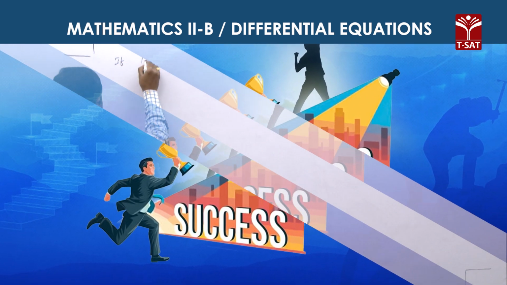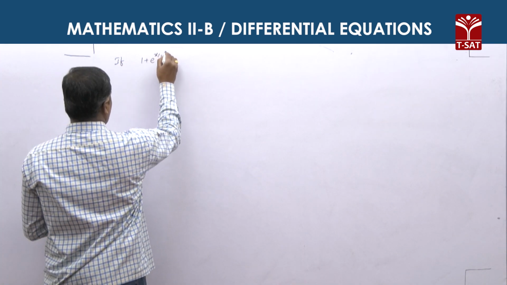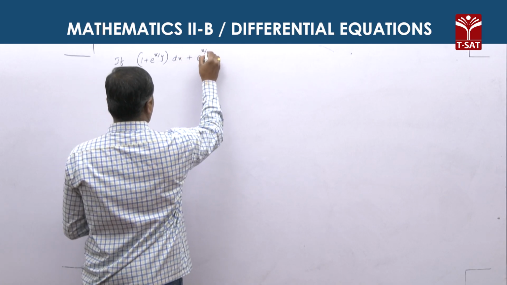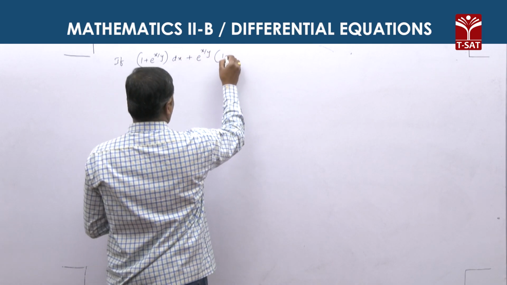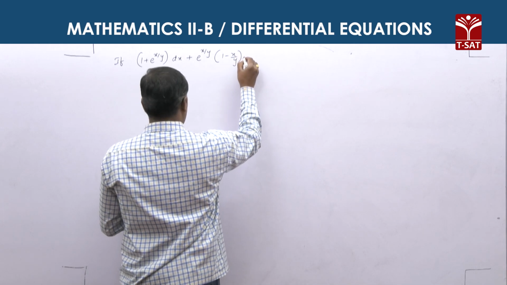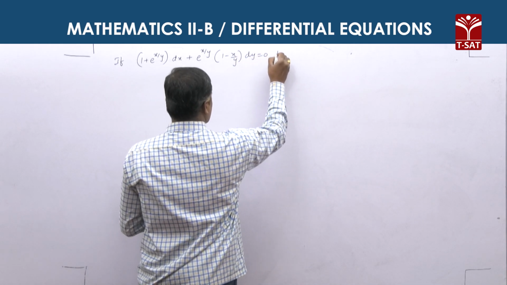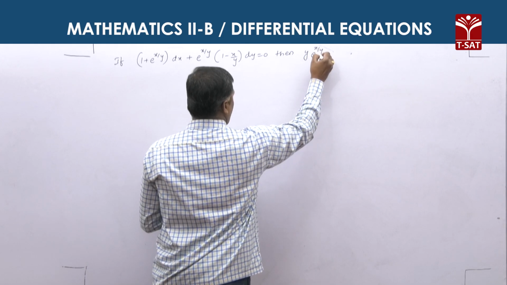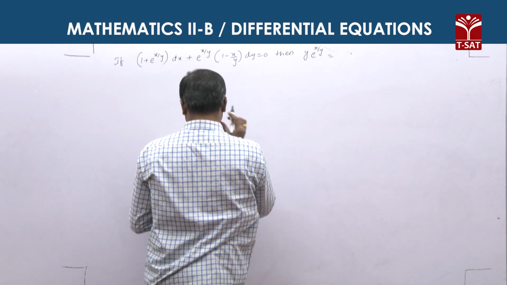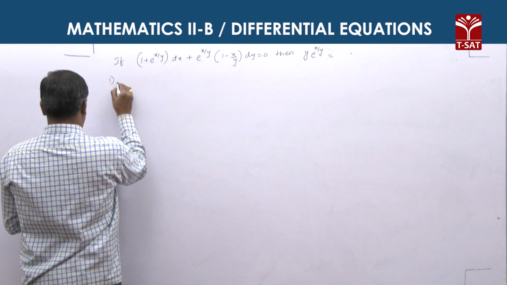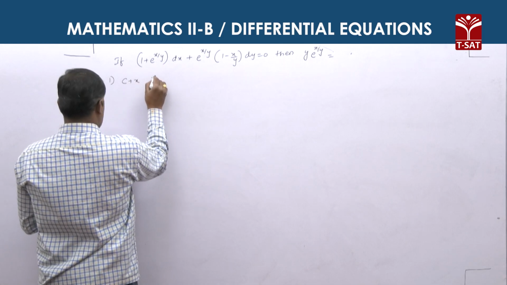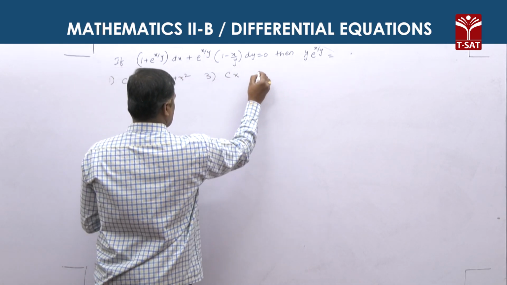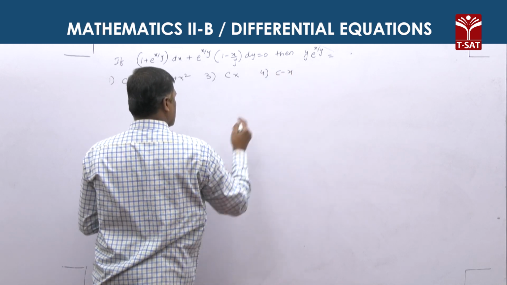If 1 plus e power x by y into dx plus e power x by y into 1 minus x by y into dy is equal to 0, then y into e power x by y is equal to: first option c plus x, second option c plus x square, third option cx, and fourth option c minus x.